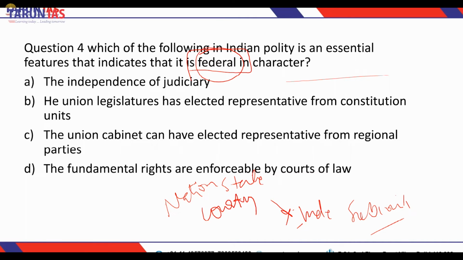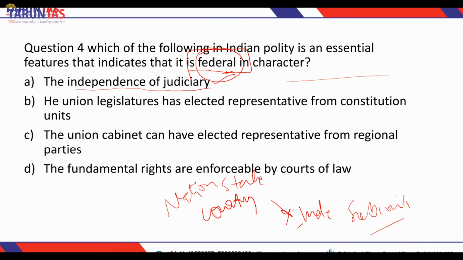There is a separation of power. So let's look at the options. There is independence of judiciary. Yes, the independence of judiciary is a federal character. Integrated judiciary is a unitary character. So yes, it is one of the features of the federal character, but we will choose the most appropriate feature.